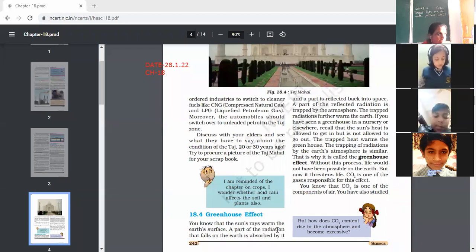Greenhouse effect. You know that the sun's rays warm the Earth's surface. A part of the radiation that falls on the Earth is absorbed by it. The role of carbon dioxide in plants, but if there is excess of carbon dioxide in the air, it acts as a pollutant. Can you help Pahili find out the answer to her question? On the one hand, CO2 is continuously being released because of human activities.